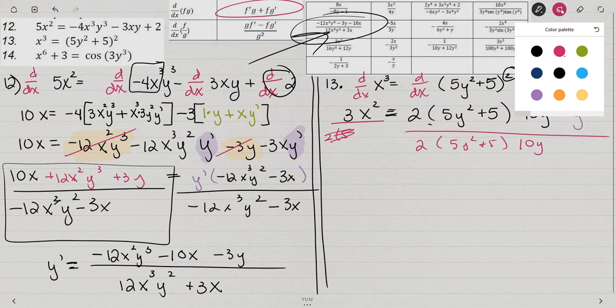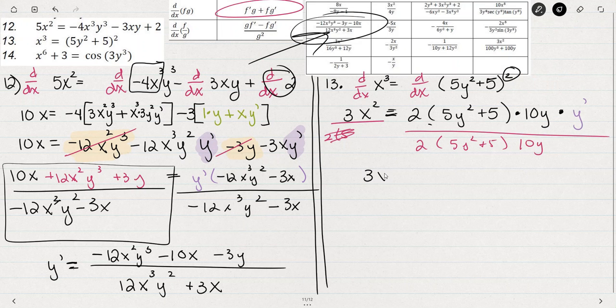Let me write it down below here so it can appear more neatly. When I distribute that, 10y times 2 times this quantity, 10y times 2 is 20y, let me do it in steps. 20y times 5y squared plus 5.